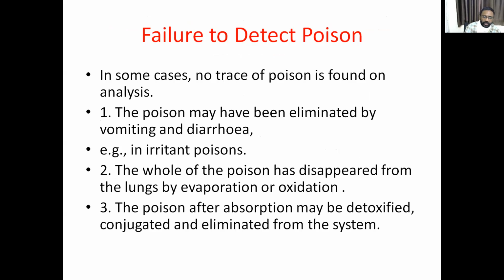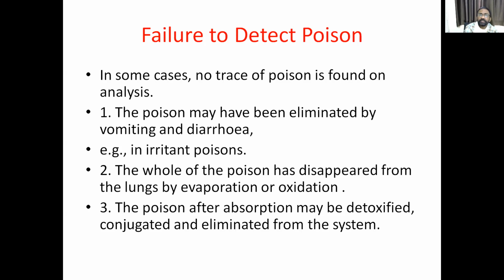In chemical analysis, in some cases the poison may not be detected even though the analytical procedure is done. What are the reasons for failure to detect the poison? The poison may be eliminated immediately after ingestion, like irritant poisons or volatile substances, or the whole poison may have disappeared due to evaporation or oxidation, and the absorbed poison may be detoxified.